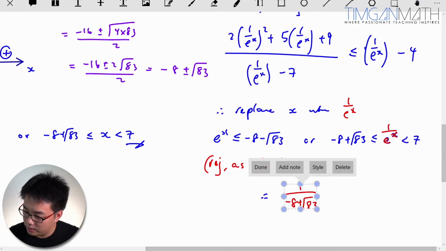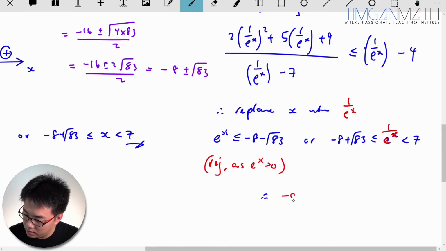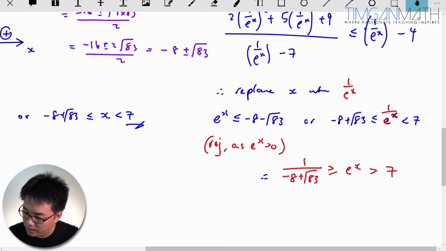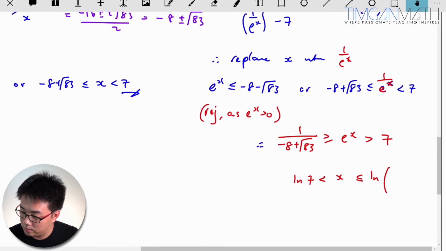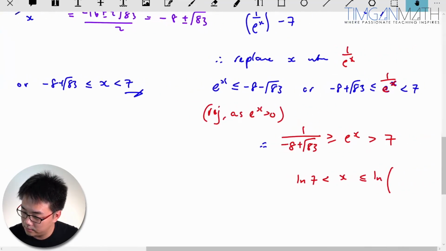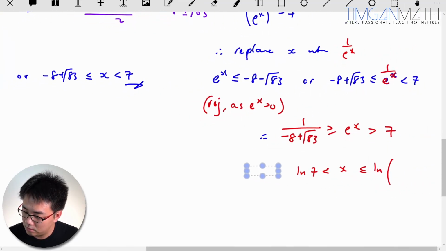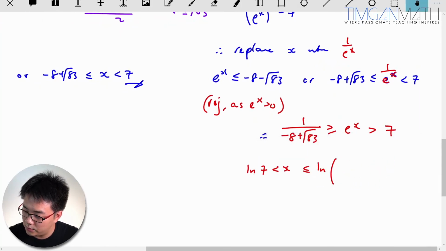Sorry, I need to do this properly. Plus 83, and you reciprocate it, just flip the sign and ln both sides. So this is ln 7, x. This would be just like that. Sorry, I was just doing things hastily.